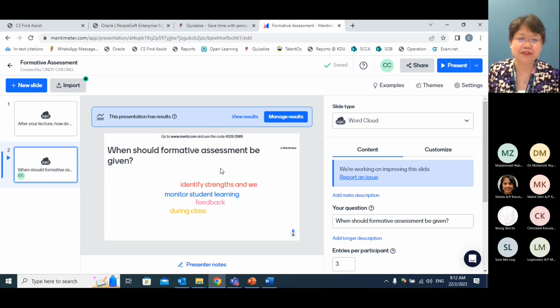Basically, this question is, when should formative assessment be given? It means it's not summative. Summative is like final exam or midterm exam, that kind of thing, right? Formative assessment would be assessment that is not final exam and midterm exams, basically. So one would be formative assessment should be given during class, while the class is going on. All right.